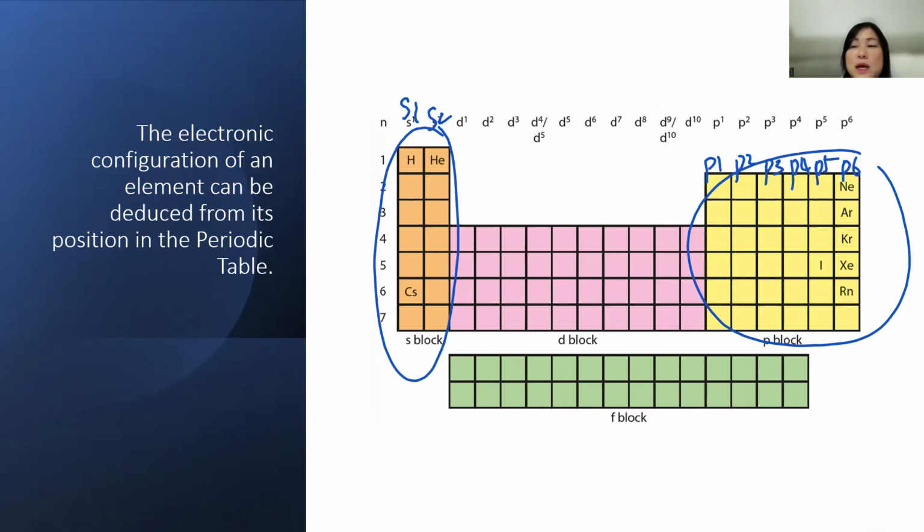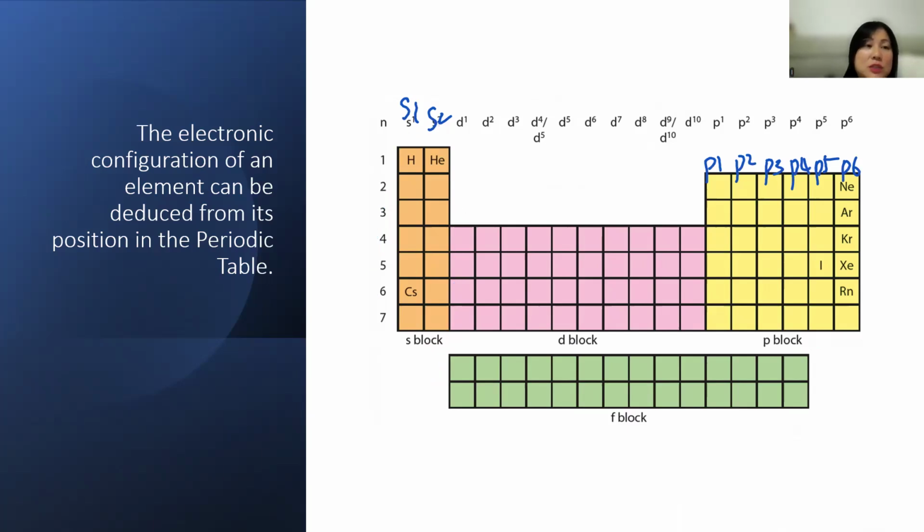The center one is called the D block element, and the one below is the F block element. The configuration of an F block element will always end with f. Now, D is a little bit of a problem. Usually, going in order of counting, this will be d1, d2, d3, d4, d5, d6, d7, d8, d9, d10.